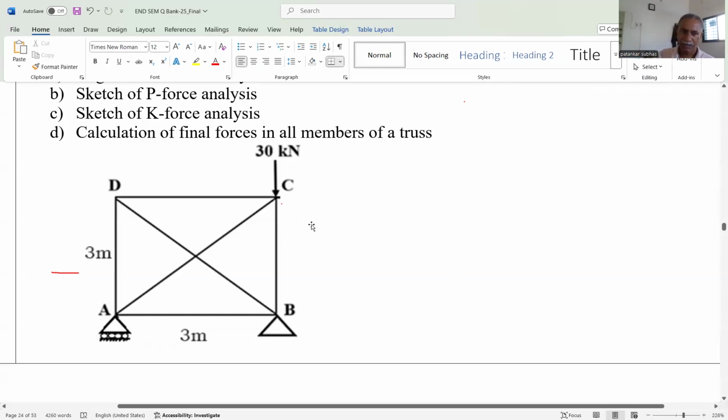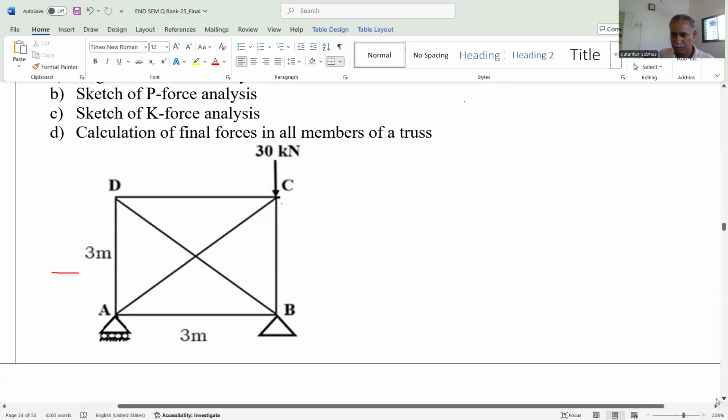That's why we consider any one member as a redundant member. Either this diagonal member, or this diagonal member, or any vertical or horizontal member. But when we analyze any truss and consider a diagonal member as redundant, then most of the problems are easily solved. Let us see the problem.